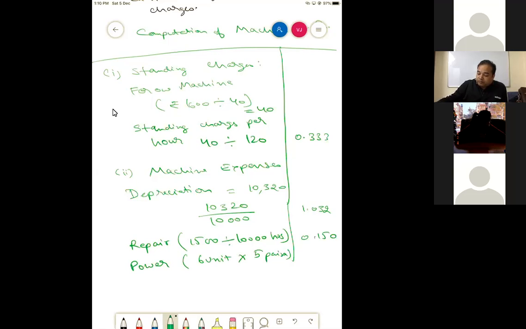So power consumption is 6 into 5 paisa. You will get 30 paisa. So you write down this, and now you compute machine hour rate by adding up all these items. You add up all these items. And there you will get the answer.